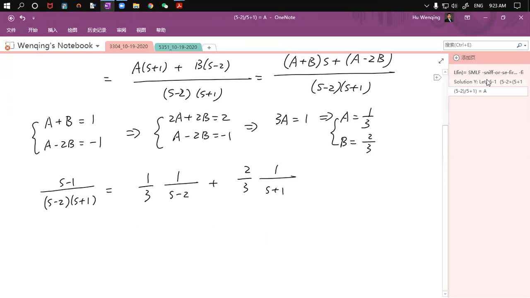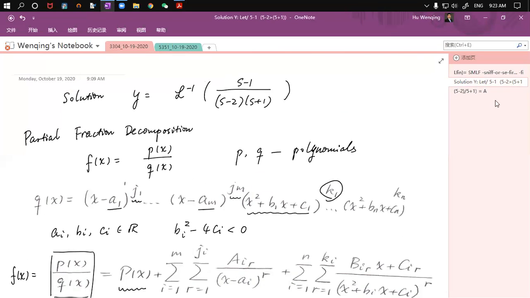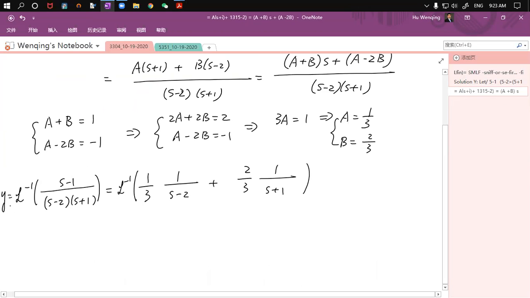As long as you have this decomposition, the inverse Laplace transform can be applied to both sides. The solution of the initial value problem is the inverse Laplace transform of this object, but this object has this nice partial fraction decomposition.